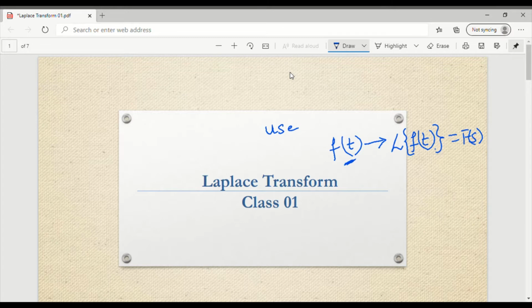So the Laplace transform is used to transform the function which is in time domain into the function which is in frequency domain, commonly known as S domain, or Laplace domain. Here our goal is to transform the function in time domain into the frequency domain.